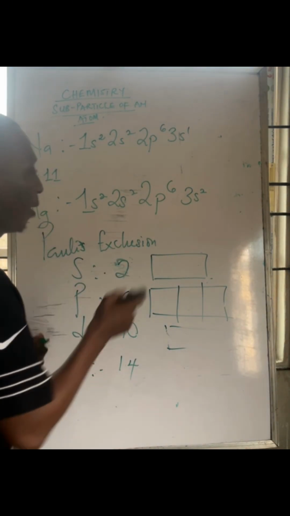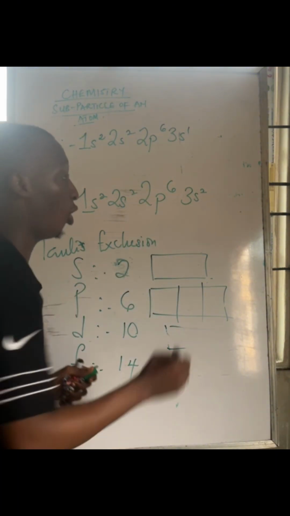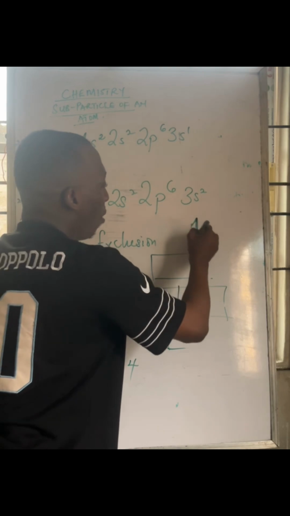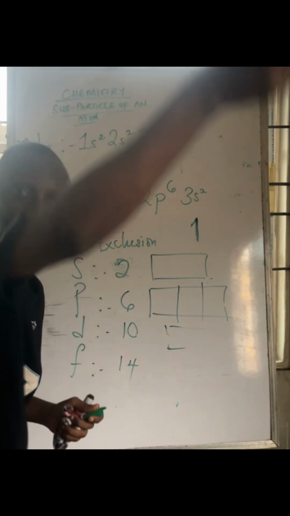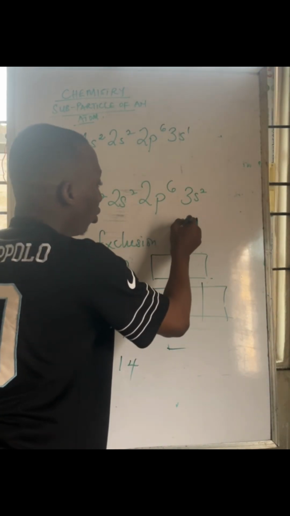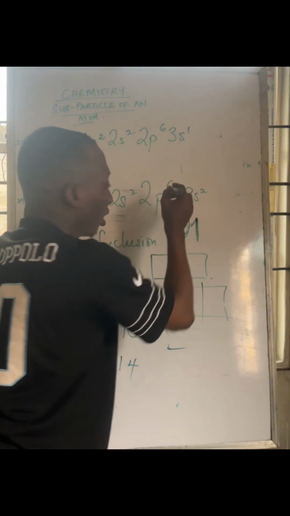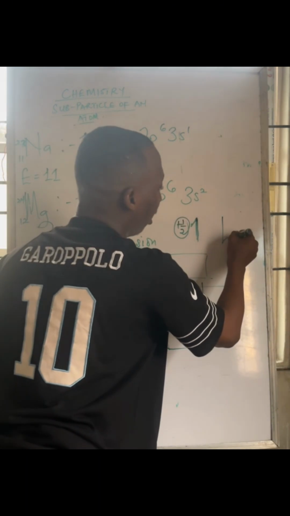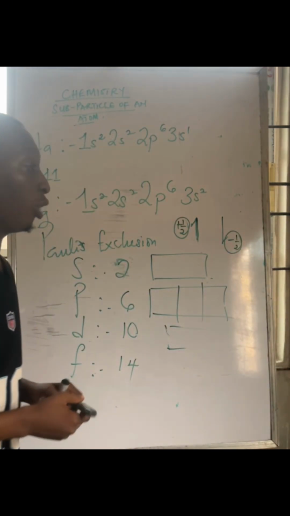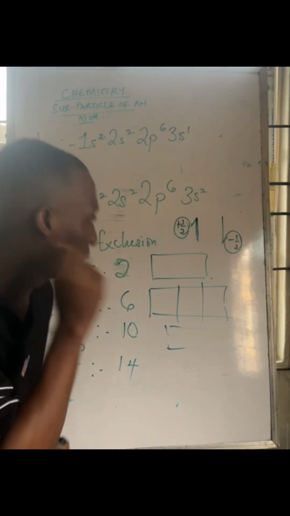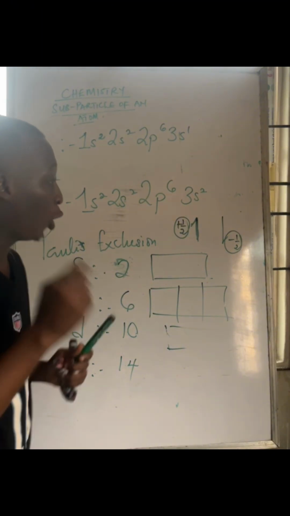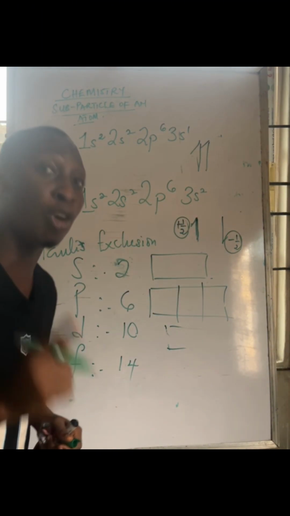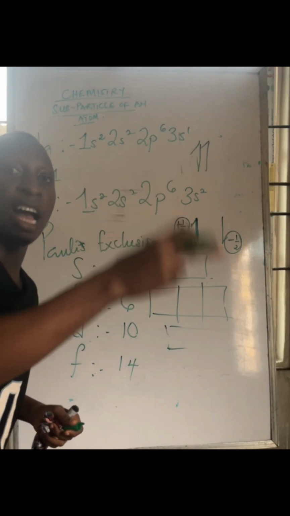Pauli's is trying to tell us that for every positive or up spin, it is represented with a plus half, and for every opposite spin, it is represented with a minus half. So it is impossible, listen, it is impossible for you to have 2 similar spins, because the rule says they must not have the same value.